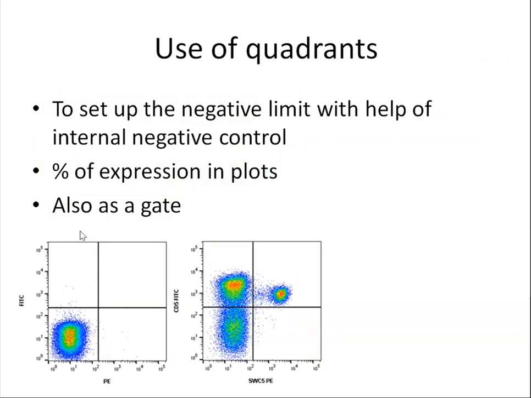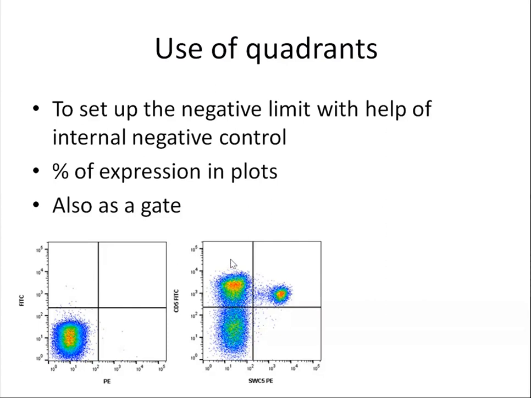Then I gate the population I'm interested in, the study population, and interpret where it falls. If the population falls in the negative area, I call it negative. If it falls here, it is positive for the x-axis marker. If it falls here, positive for the y-axis marker. If it falls here, positive for both x and y-axis markers.